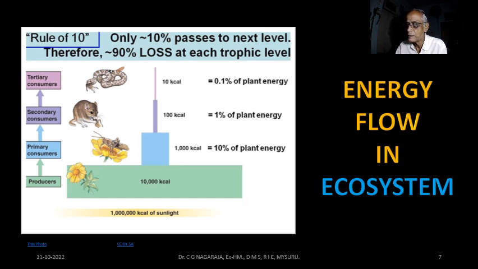Only 10% of the energy passes from one level to another level, and plants can capture only 0.02% of solar energy. That means very limited energy is used by the plants to convert into food, and that also at each level 10% of the energy is passed on, and this is called the rule of 10.